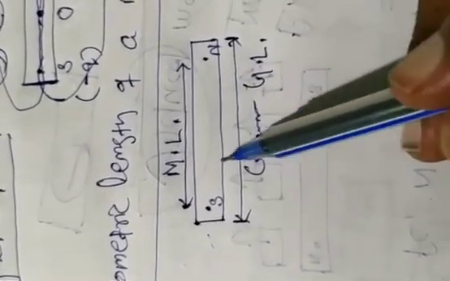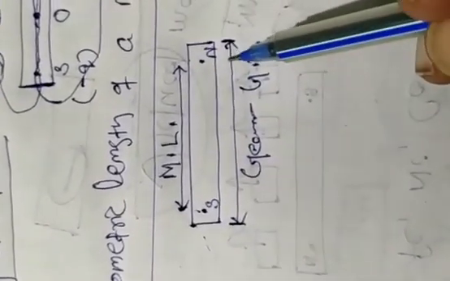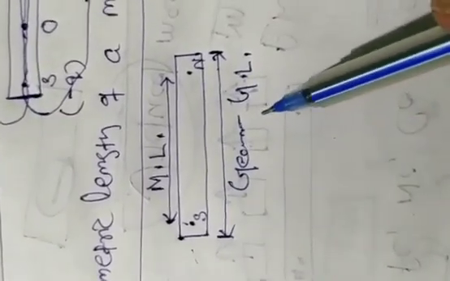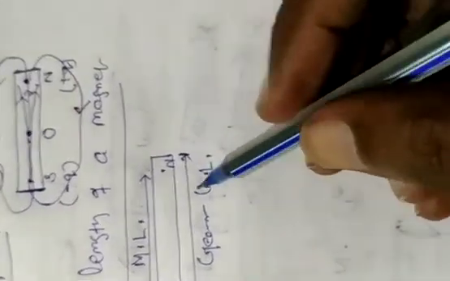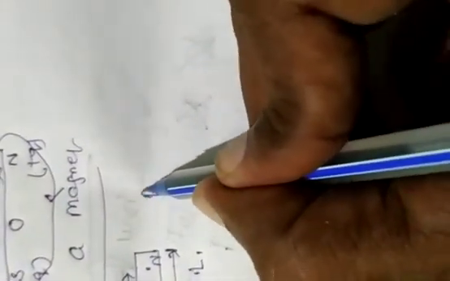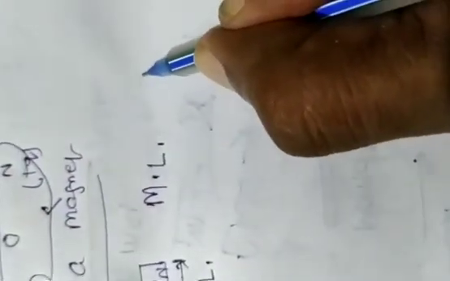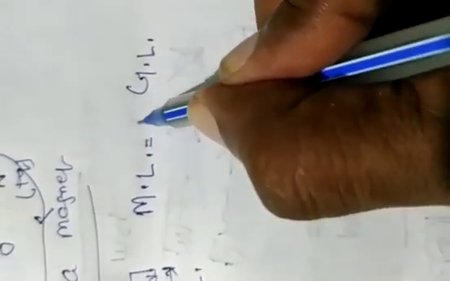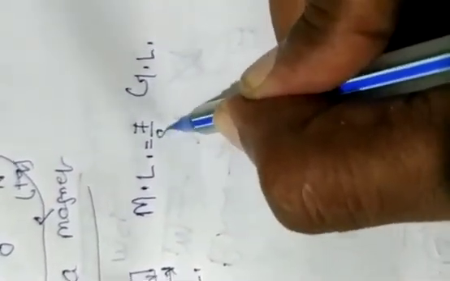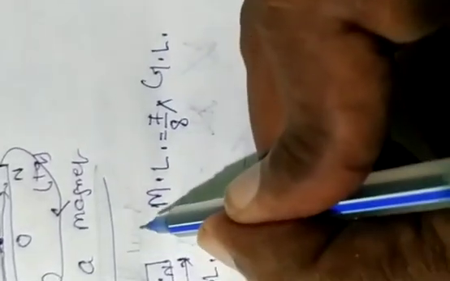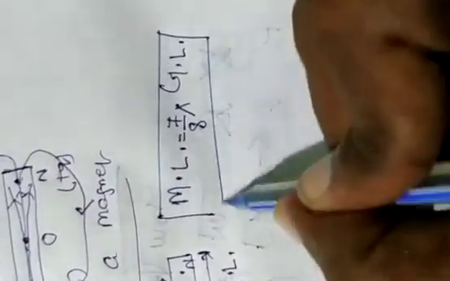Always the magnetic length is slightly less than the geometric length, and for a bar magnet, magnetic length is equal to 7/8 times its geometric length. This is one formula.